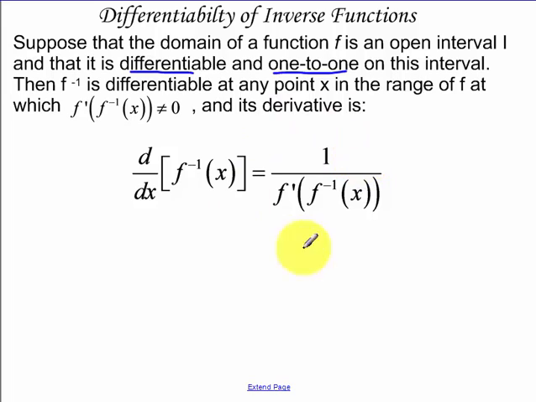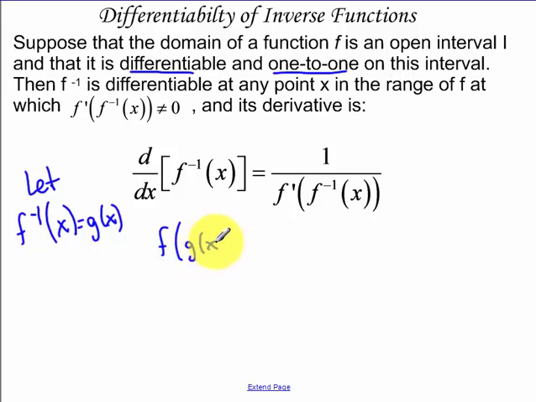Honestly, this one isn't used a lot on the AP test. What they use is a very similar formula, and let me derive this other formula, which is kind of the same thing. So let's let the inverse be g of x. Now we know that the composition of the original function and the inverse is equal to x.